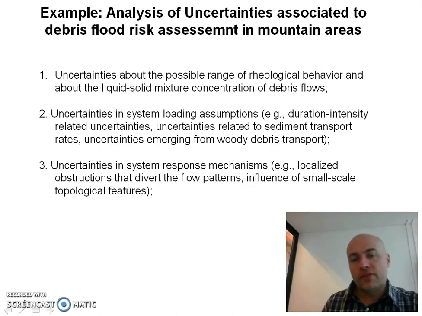Also, the influence of small-scale topographical features like walls that are somehow constraining the flow. If these topographical features are not well represented in your digital elevation model, for example, you risk to somehow overestimate the extent of the flood, or to underestimate in certain areas the effects of the flood.